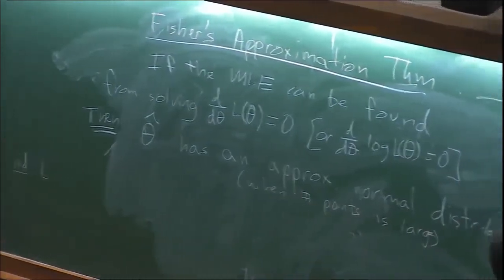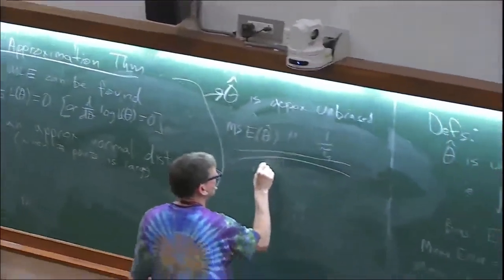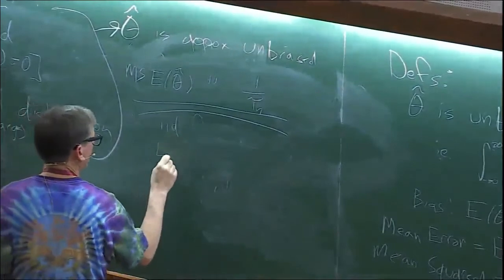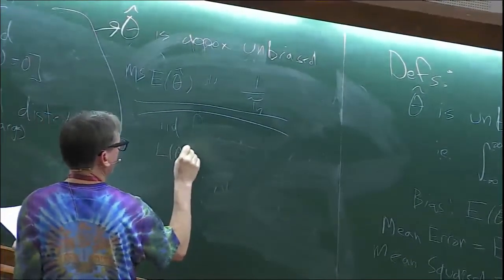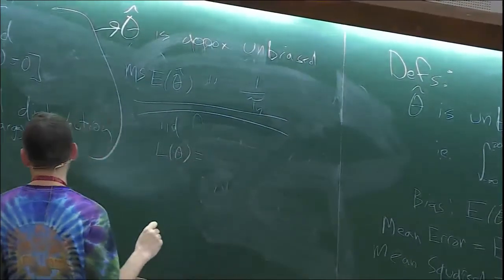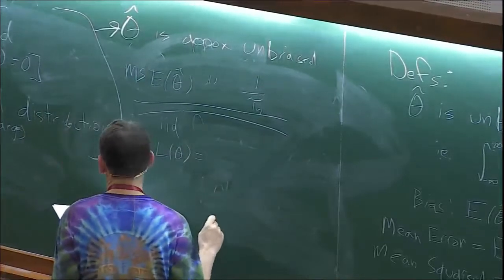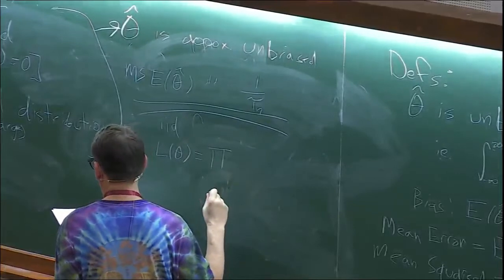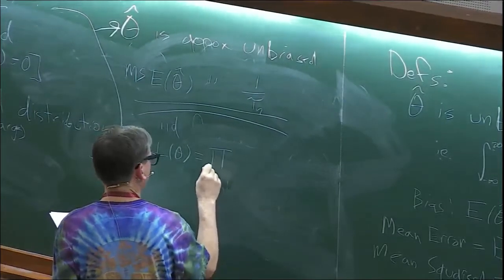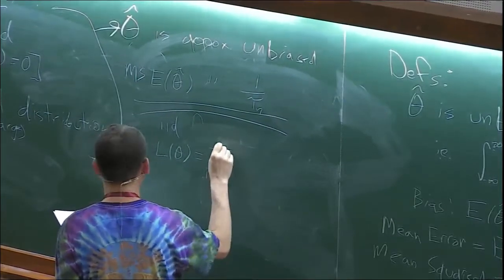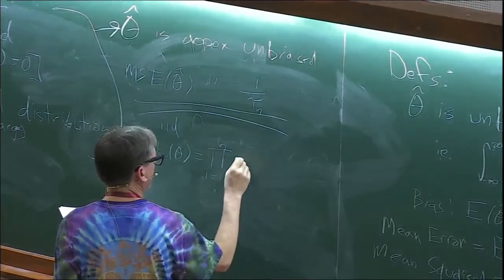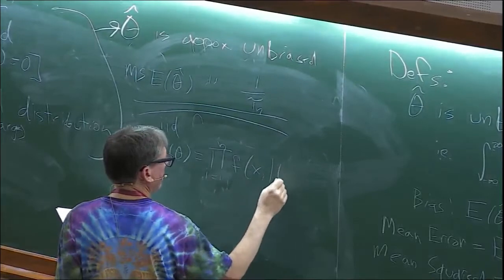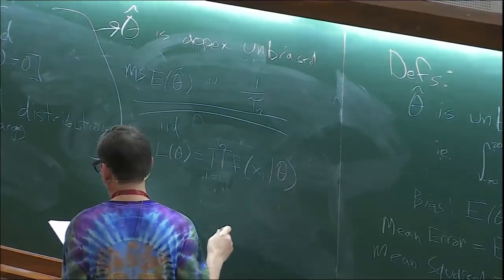So in the IID case, the likelihood, as I've been mentioning, is a big product from i equals 1 to n of f of x sub i given theta.